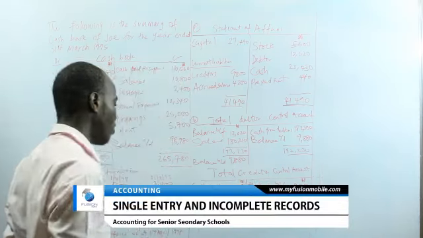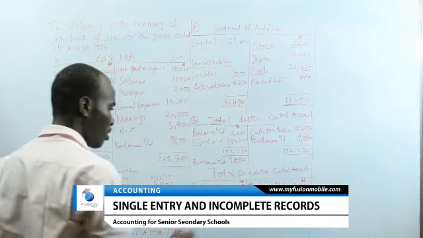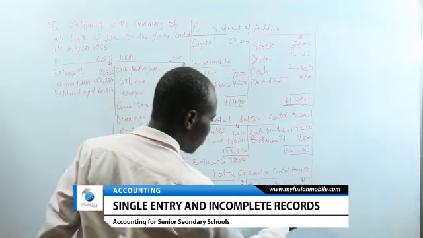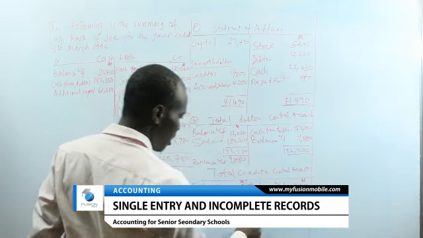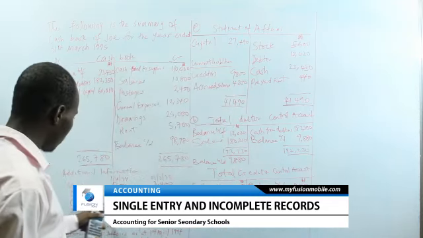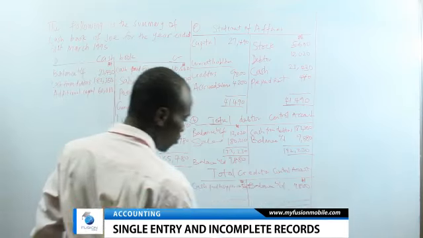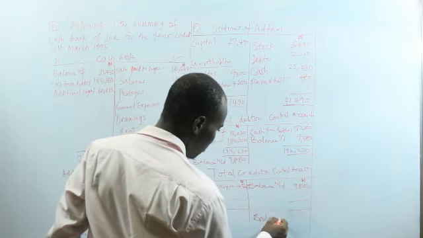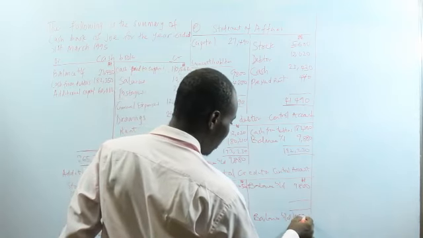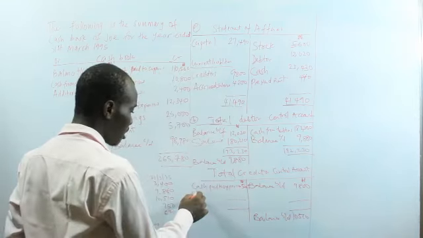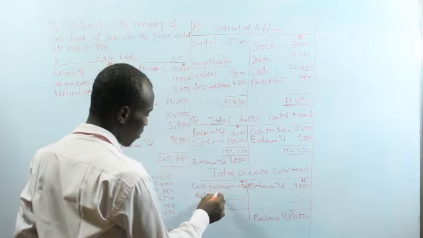Now we have the balance carried down, the closing balance of creditors, which is 10,510. For us to have that as balance brought down, balance carried down must have been here.